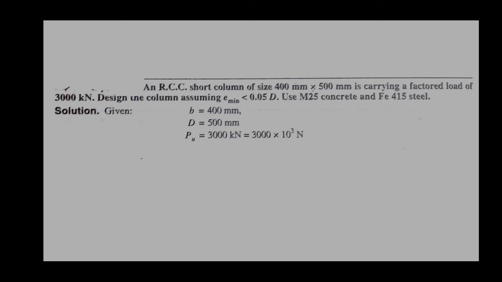Small b is 400 mm, that is the least lateral dimension. Capital D is equal to 500 mm, that is the other lateral dimension, and Pu is given as 3000 kilonewton, or we can also write 3000 into 10 cube Newton.